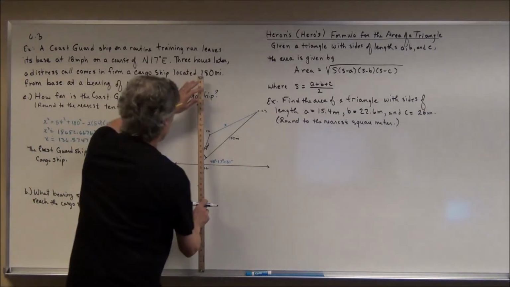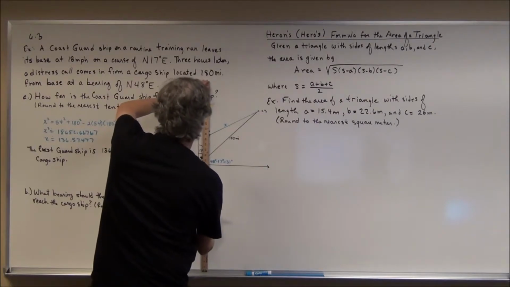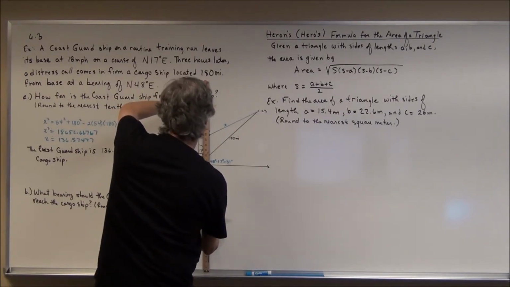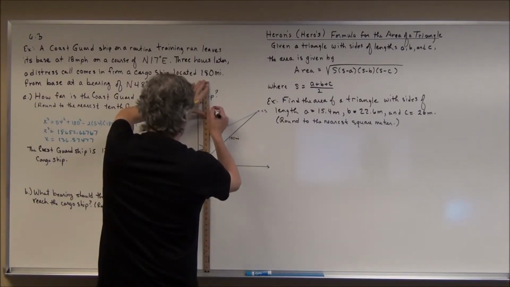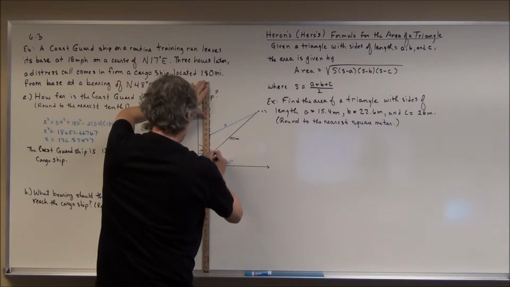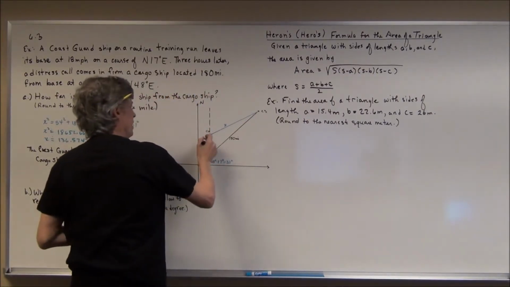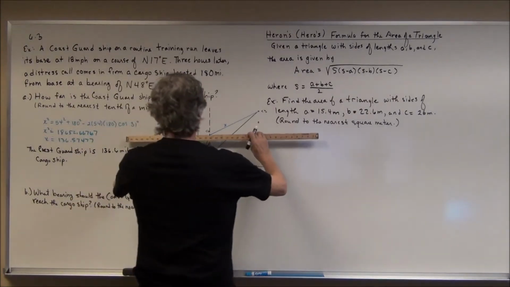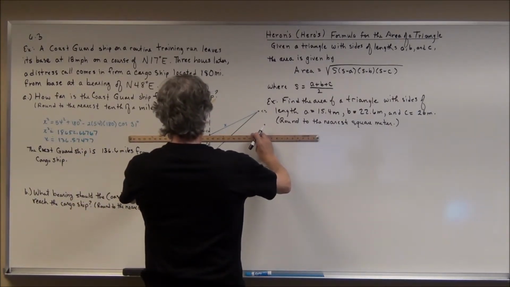I'm going to set this up with north, south, east, west. So I'm going to grab my yardstick again. This time I think I'll just put dotted lines, if that'll make it a little bit easier. A dotted set of axes that now go through this point here where the Coast Guard ship is.